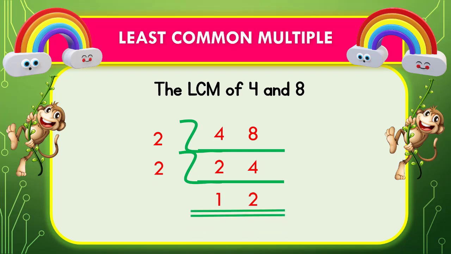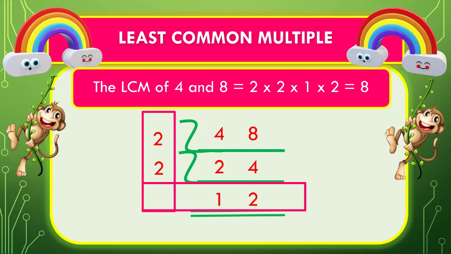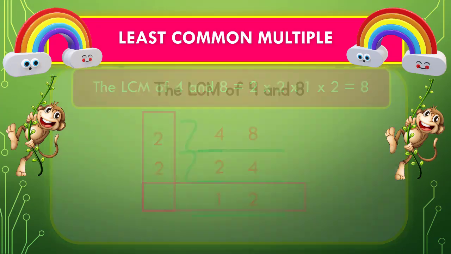So the least common multiple of 4 and 8 is 2 times 2 times 1 times 2, which is 8.